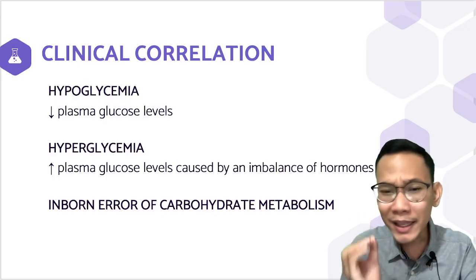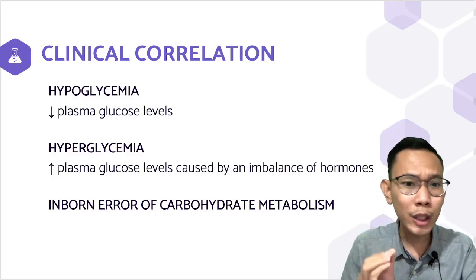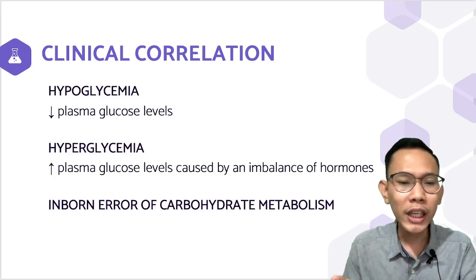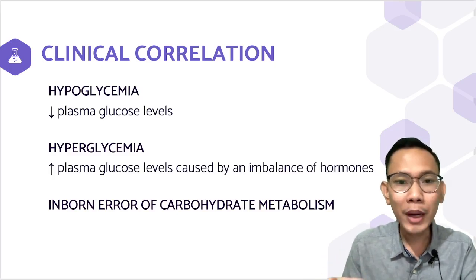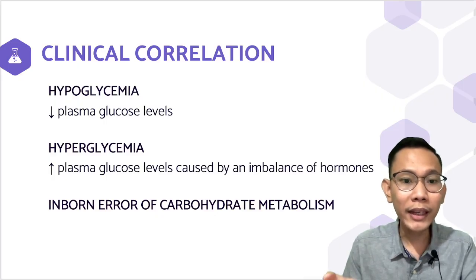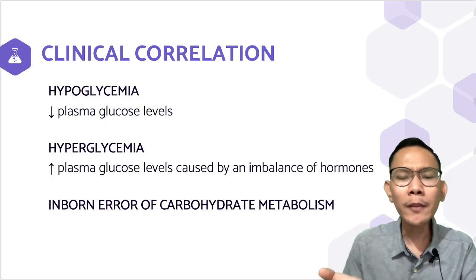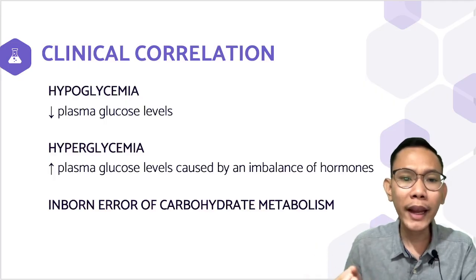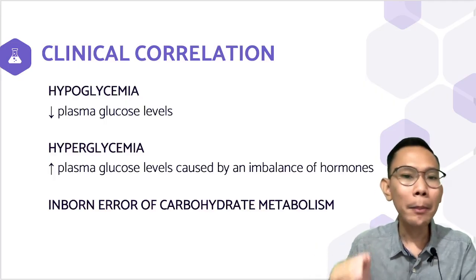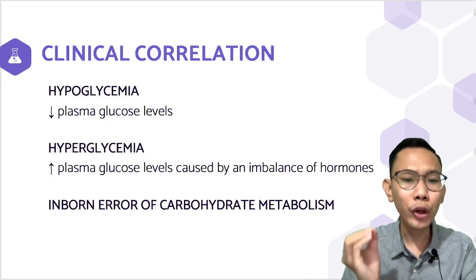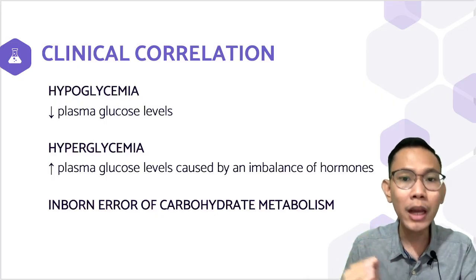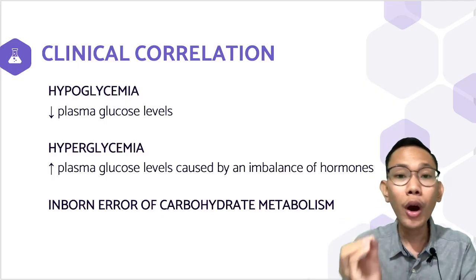Not all hyperglycemia is brought about by a disease. It could be a physiologic phenomenon, including your hypoglycemia. Kumbaga, baka kulang ka lang sa pagkain kaya nagkakaroon ka ng hypoglycemia, or kakatapos mo lang kumain kaya nagkakaroon ka ng hyperglycemia.